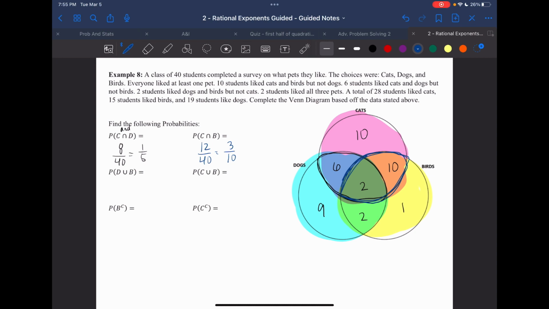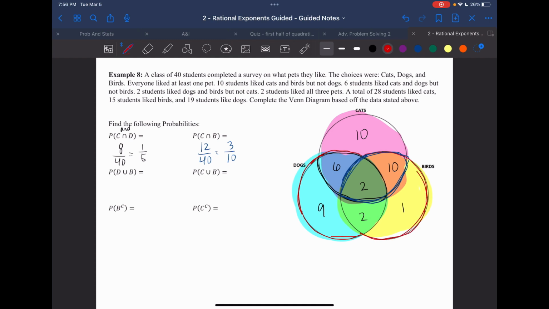Probability of dogs or birds. So we're actually going to now be looking at the whole entire circles. So that's going to be the dog circle as well as the bird circle.